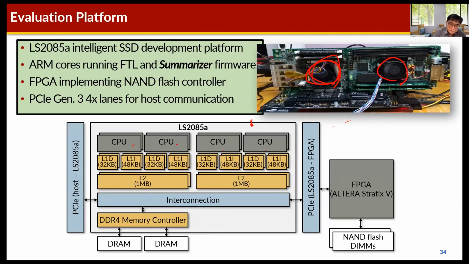This ARM core actually has 8 cores, but the firmware runs using this 1 core, and for the geodata processing, we use only 1 core. But if we increase the number of cores for geodata processing, then we can increase the performance.